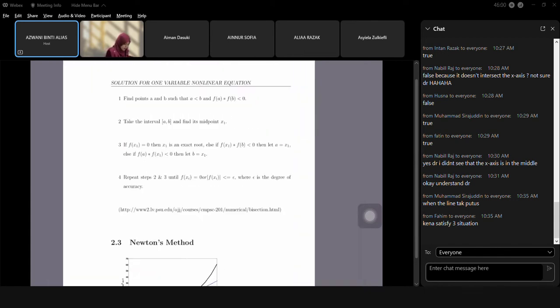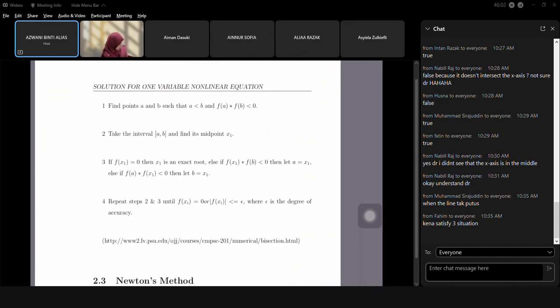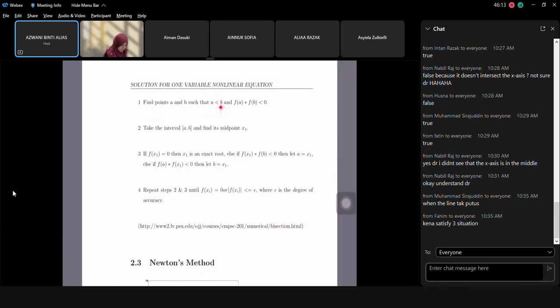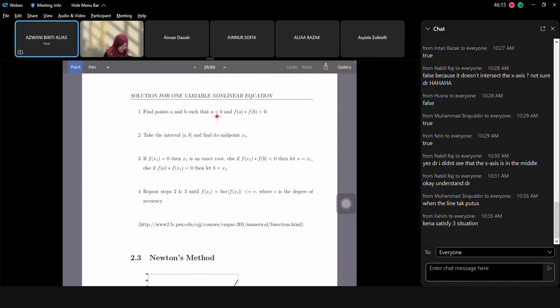What's next? Okay, dia ada 4 step kat sini. First adalah dia find point A and B such that A less than B and FA multiplied by FB less than 0.